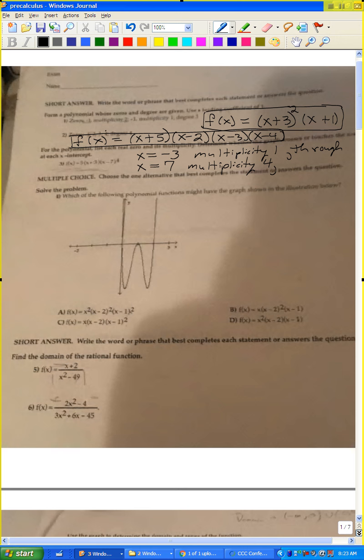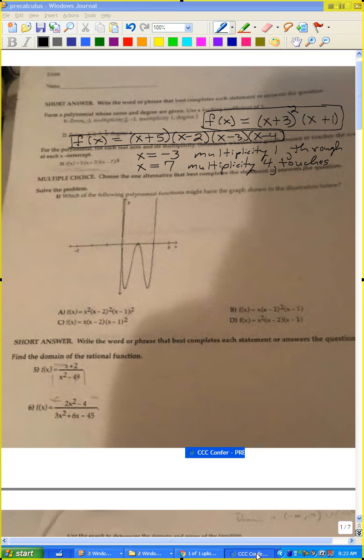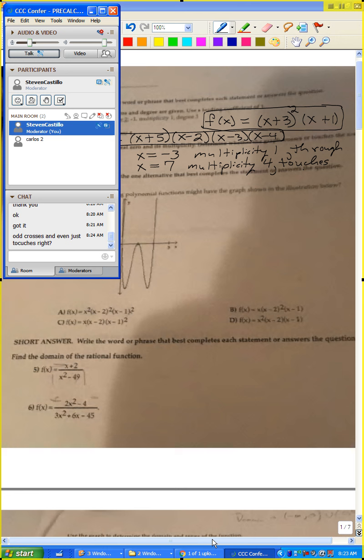It's going to bounce off the x-axis, and so it just touches the x-axis, but it doesn't go through it. Okay. Any questions about that one? Okay. Yeah, so an odd multiplicity crosses through it, and an even multiplicity just touches it. That is correct.